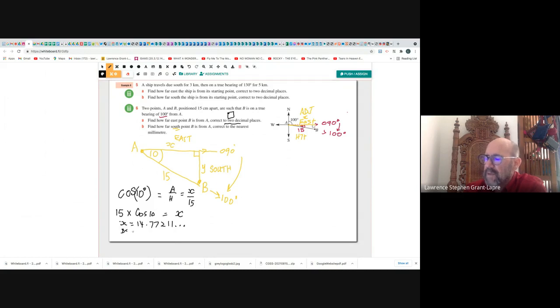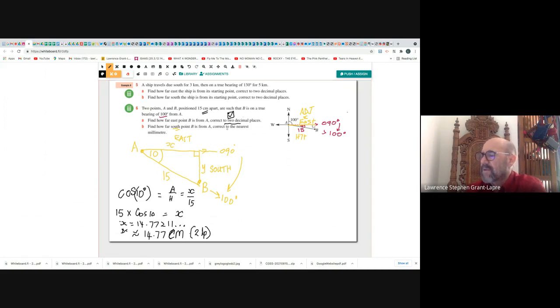X is approximately 14.77. This is on a map, so the answer is in centimeters. So we are 14.77 centimeters, and we tick that box once we do it to 2 decimal places.